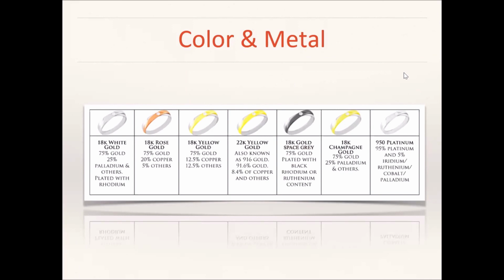Okay, I have a few questions here. Adrian is asking, how can we tell if a retailer has plated the yellow gold and turned it into white gold? Sadly, when the item is new, you won't be able to tell. Even the stamping wouldn't tell you, because the stamping just tells you that it is 75% or 18K.